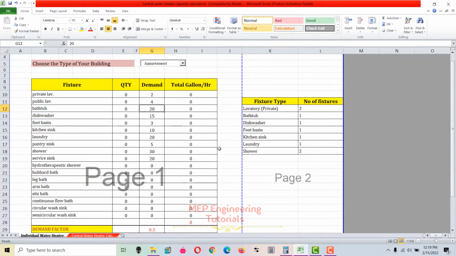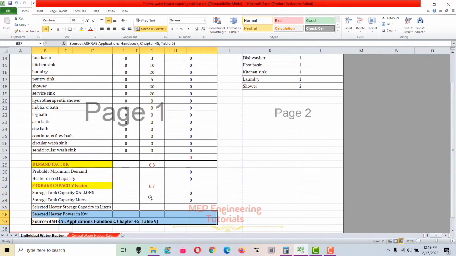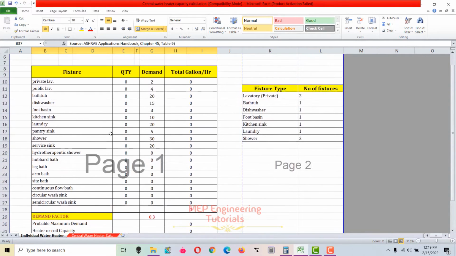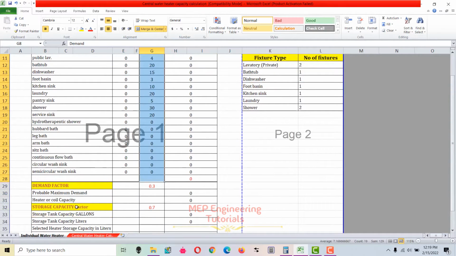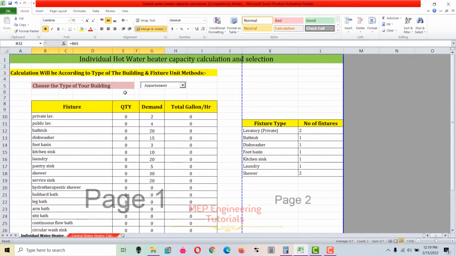This table is extracted from the ASHRAE Application Handbook chapter 45, table 9. So all of the demand mentioned here, the demand factor and storage capacity factors, depend on the type of building which you select here.